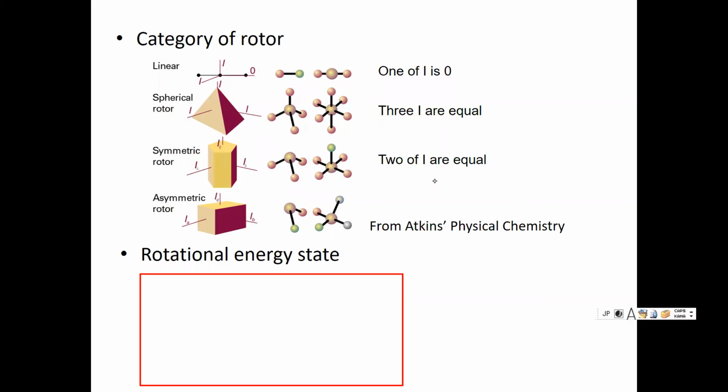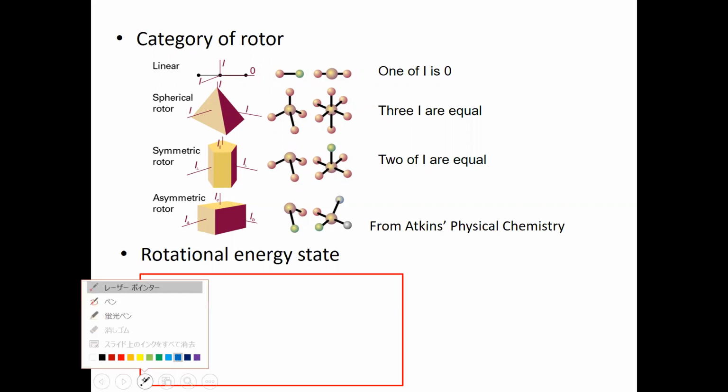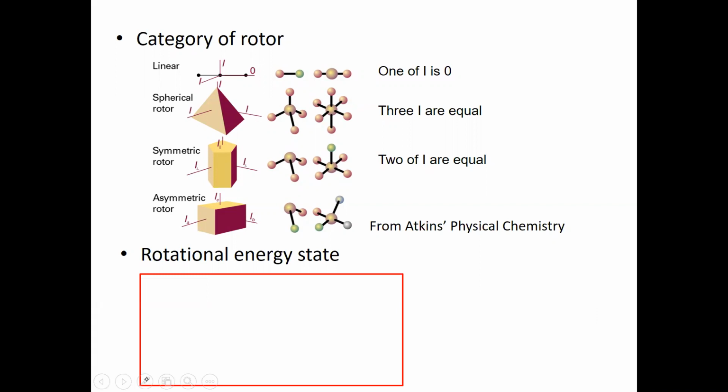Now what we can calculate is the total energy of rotation, which is E equal half times IX omega X squared plus half IY omega Y squared plus half IZ omega Z squared.